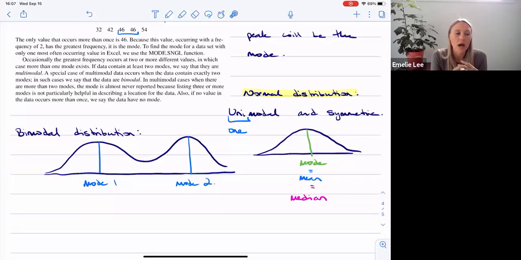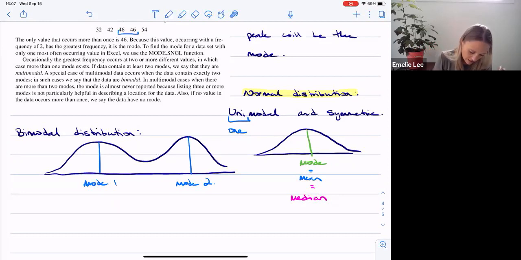And so one thing to keep in mind if you have a bimodal distribution is that it's possible, not always the case, but it's possible that you've accidentally combined two groups that should be analyzed separately. Okay, and so that's why we want to keep an eye out for bimodal distributions.